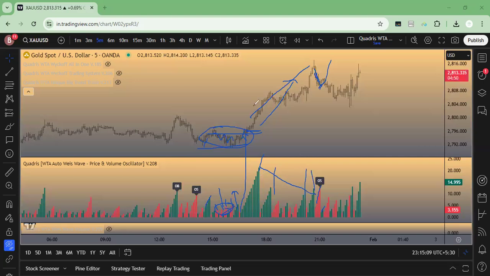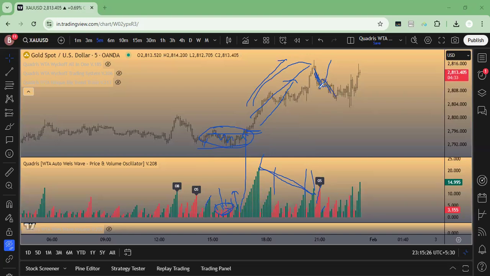That means at this particular point, there is shortening of thrust, and moreover, fuel is getting lesser and lesser. That means now there is no fuel to take this market upwards. Now that means price is about to go downwards, and this was a correction which has taken place.